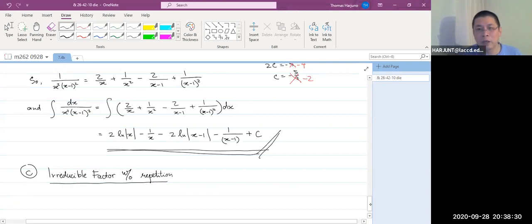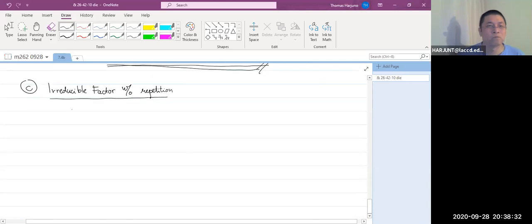Now, the idea is, suppose we have something over x times x squared plus 3, for example. Now then, this will be broken into, so you see no repetition, right? No repetition for the linear factors.